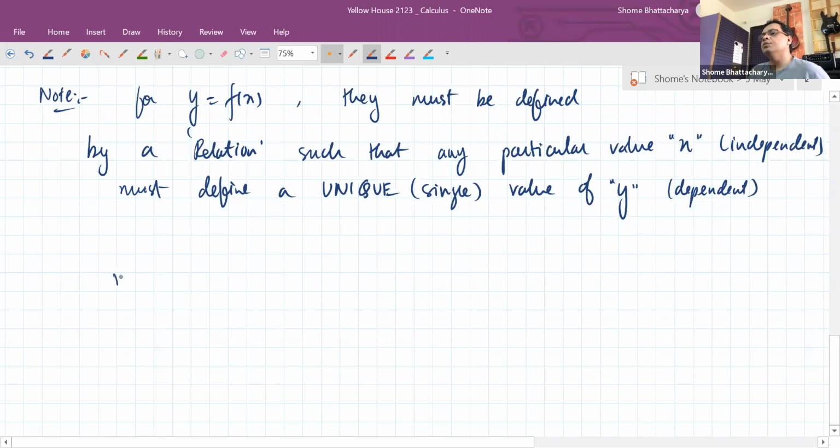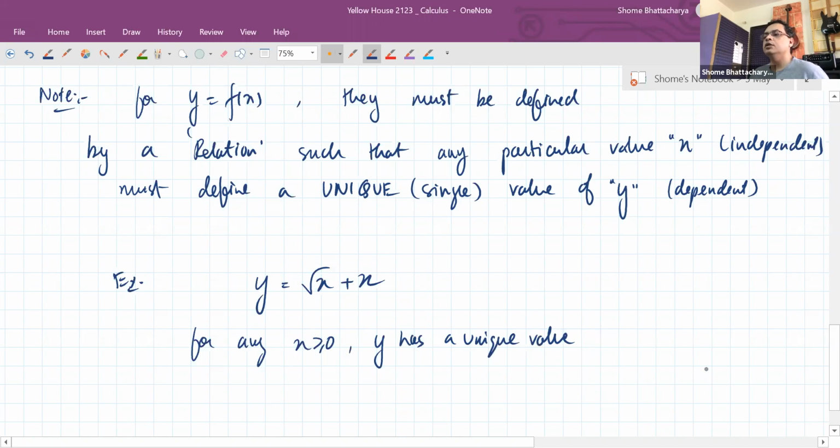So for example, if I write y is equal to square root of x plus x, now you can see that there's a bit of boundation here, that I cannot select x to be a negative number. x has to be non-negative real numbers. But for any x greater than or equal to 0, y has a unique value.